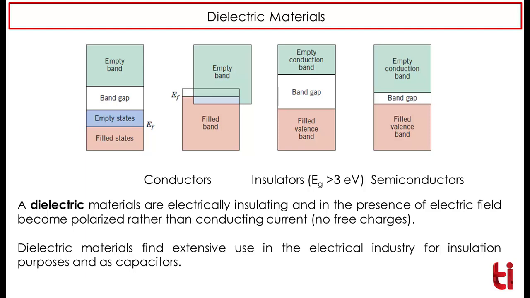When we talk about dielectric materials, what we mean is essentially the insulating materials. A very special property of insulating materials is that when we apply an electric field on them, since there are no free charge carriers because of the very large band gap, no charge can flow through it. So no current flows through the system.